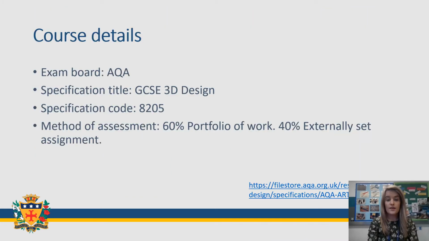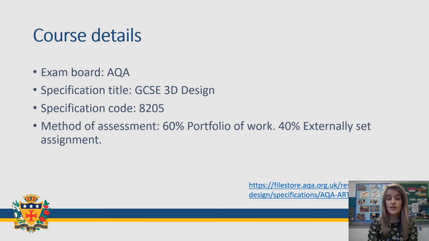So the course details: the exam board is AQA, the specification title is GCSE 3D Design, and it is assessed with 60% based on a portfolio of work. So that is a folder that you will produce.